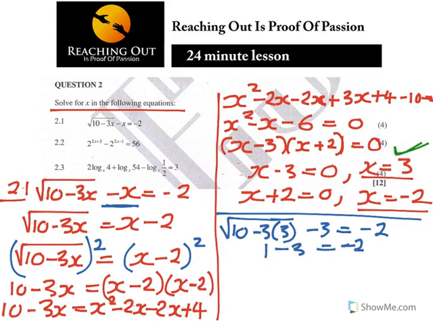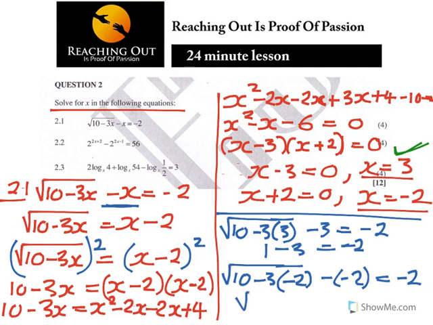So the first solution is x is equal to a what? A 3. You try the second one. Square root of 10 minus 3. Remember now the second one is x is negative 2, minus bracket minus 2. Again it must give me a negative 2. So what is 10 minus minus 6?